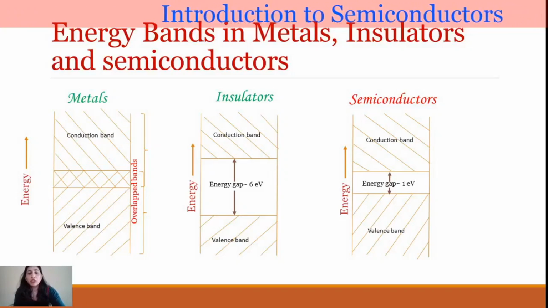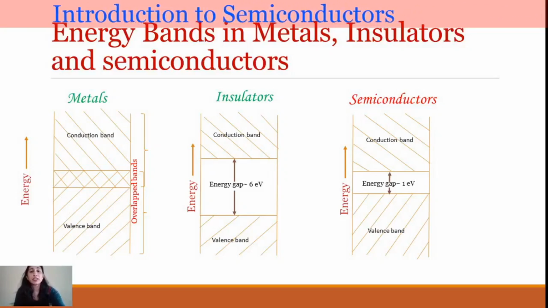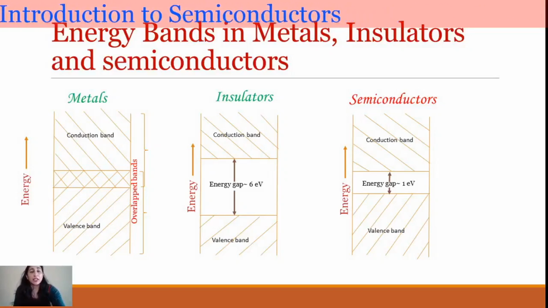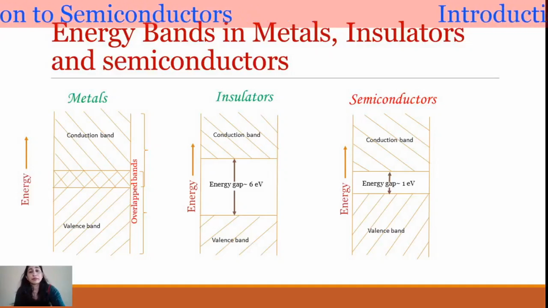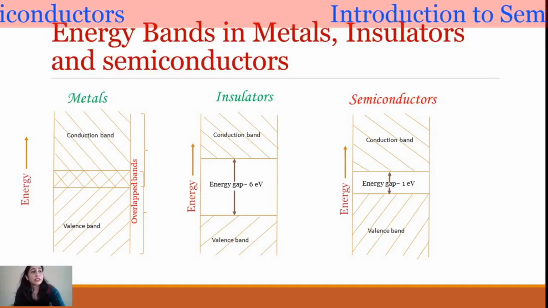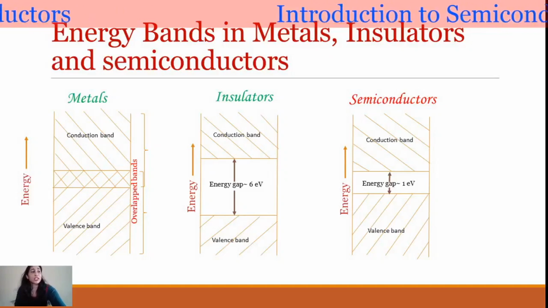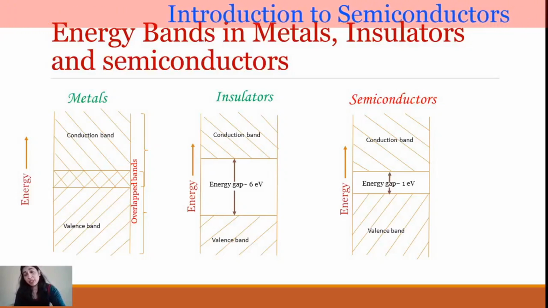Now, for the electrical conduction in materials, let us move ahead to discuss doping. As we have talked earlier about the doping process, it is done to enhance the conductivity of any semiconducting material.